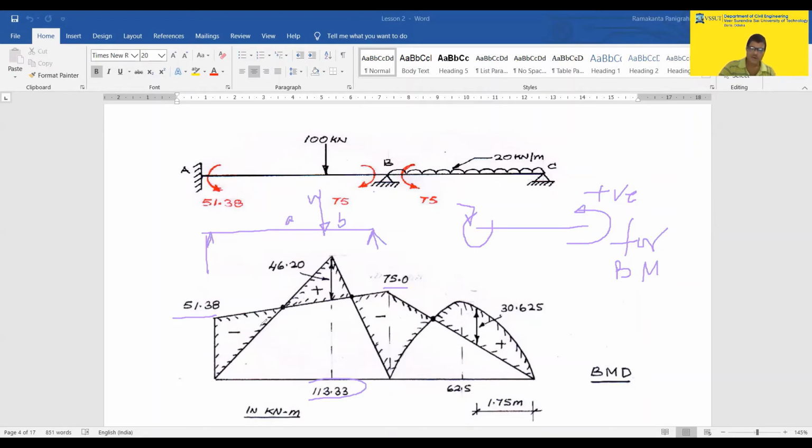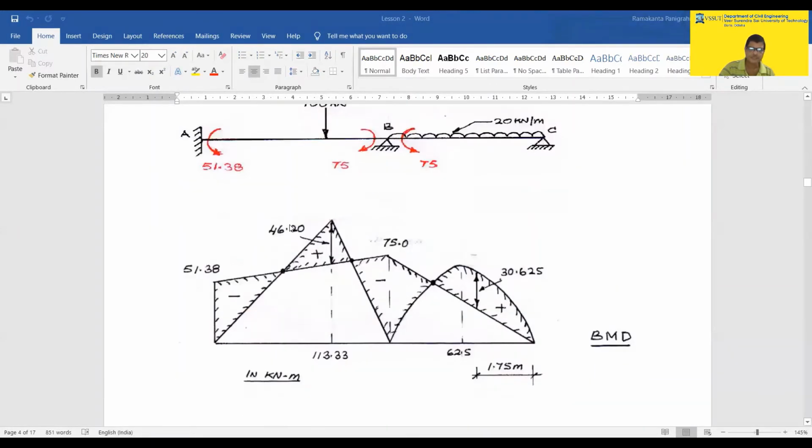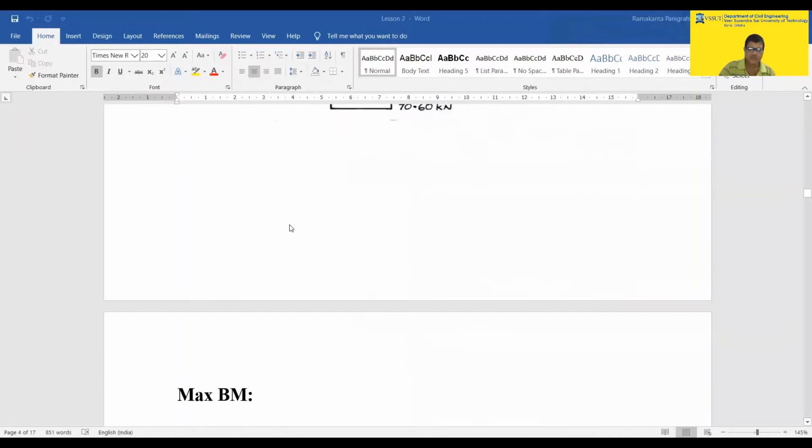Now, what is the maximum negative and maximum positive? If you get this ordinate, the total ordinate is known. If you make these calculations, you can find these values, or you have to do the calculation. Let us see how to do the calculations. So this is the shear force diagram.